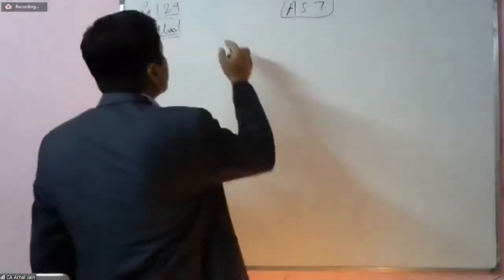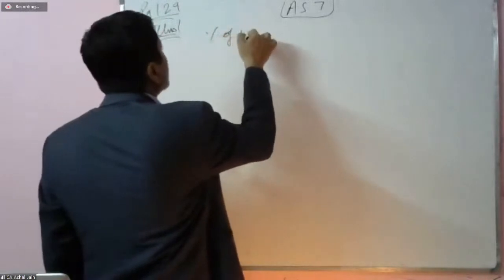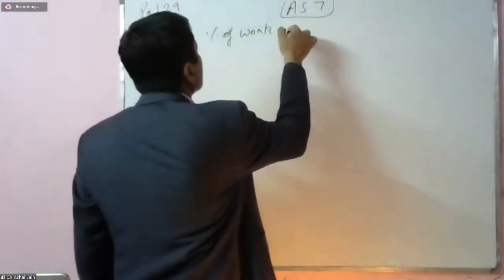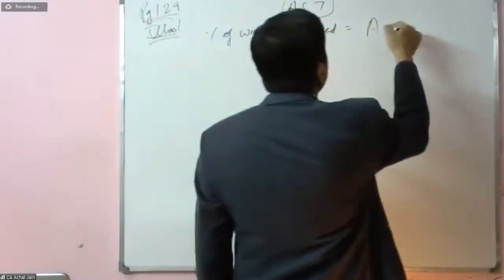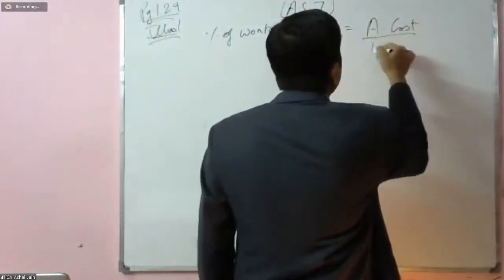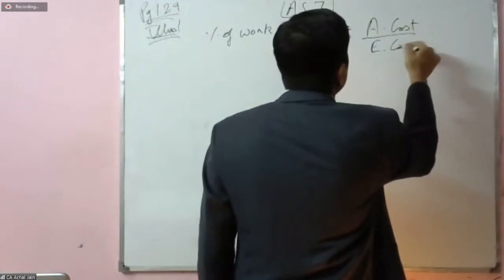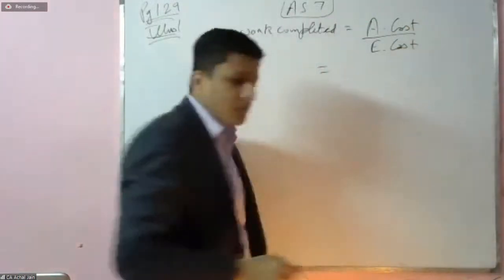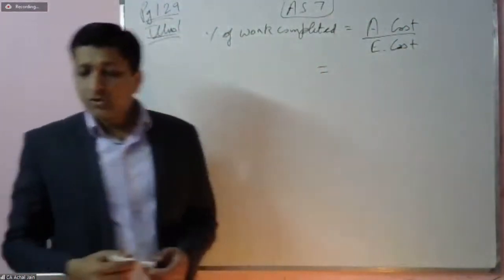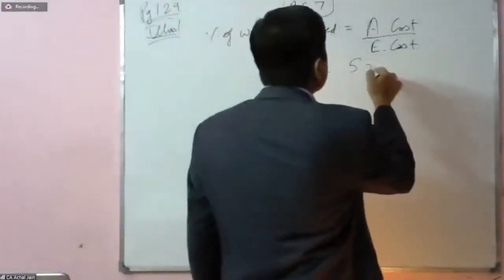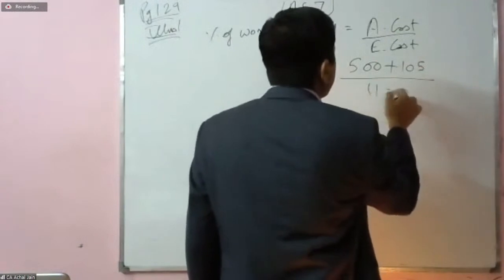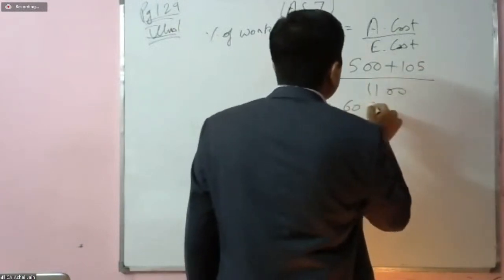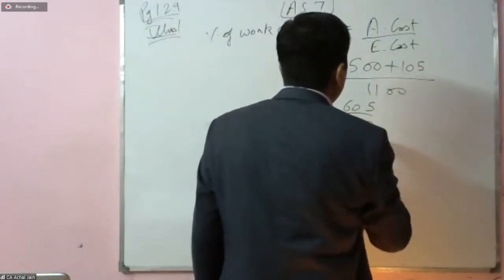So now we need to determine the percentage of work completed, which is actual cost divided by estimated cost. Now what is our actual cost? Actual cost is 500 plus 105 divided by 1100. 605 divided by 1100.